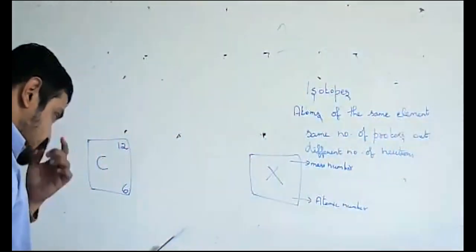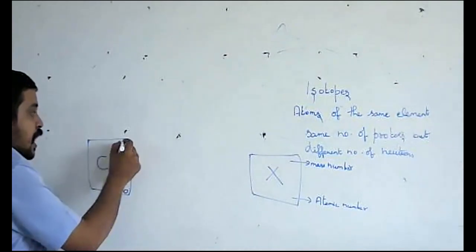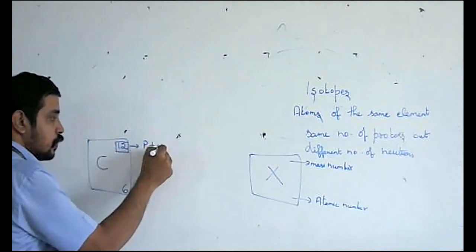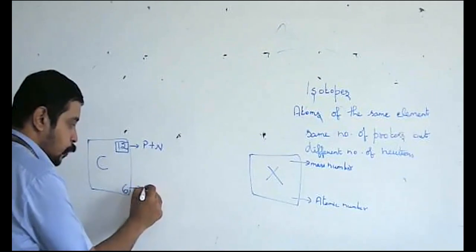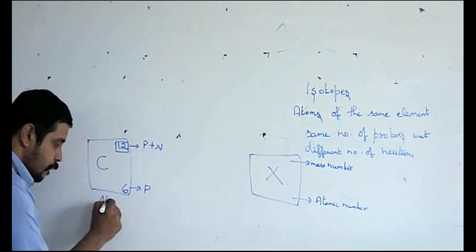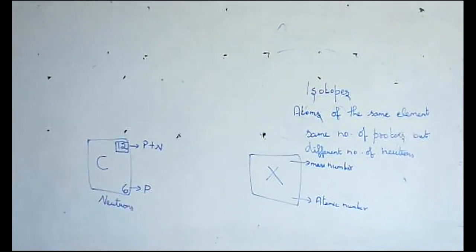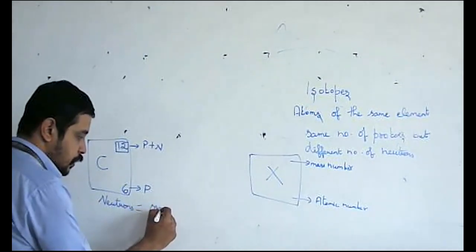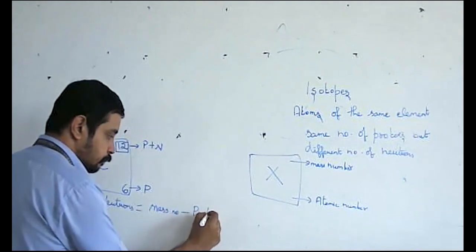Now, I hope you can understand a very simple calculation here. Mass number is protons and neutrons. Atomic number is your protons. When you want to calculate the number of neutrons, it is very simple: mass number minus protons.